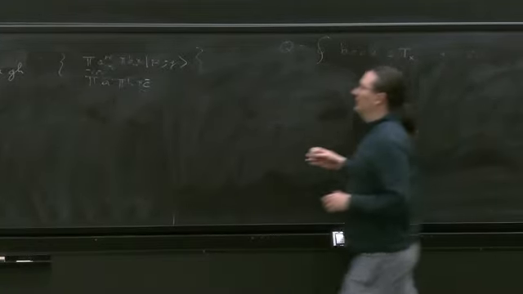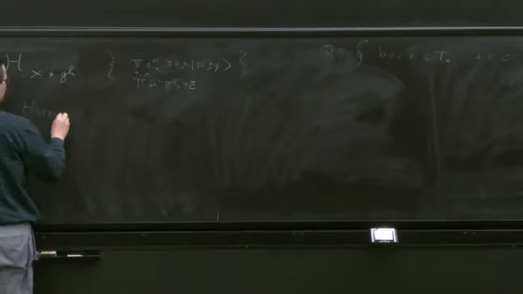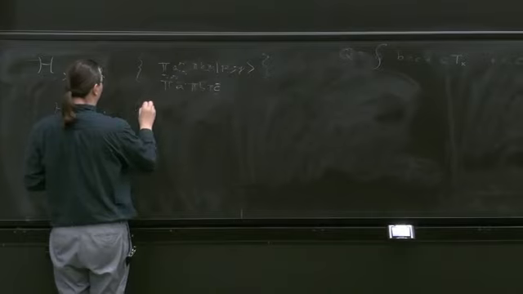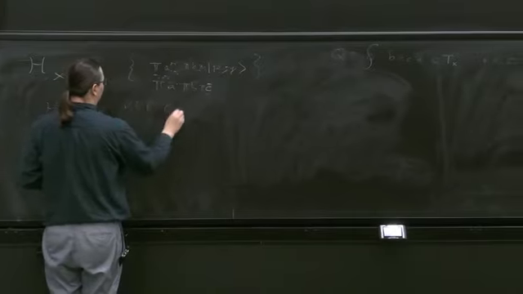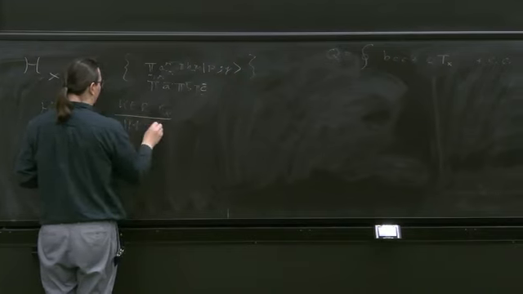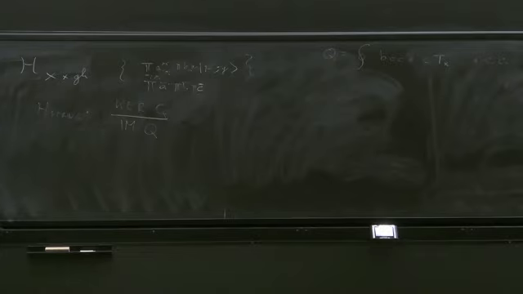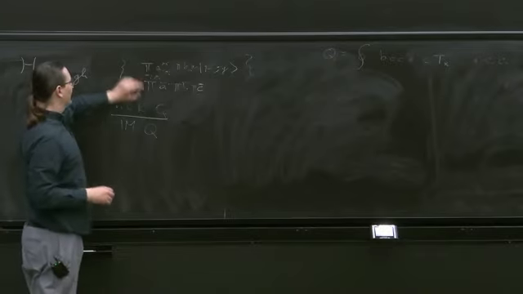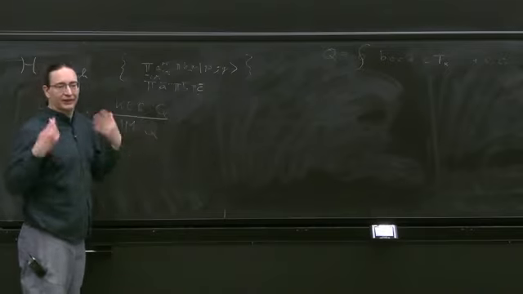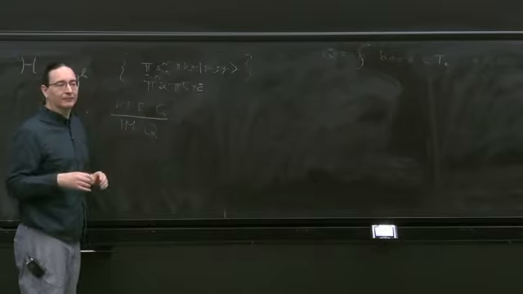And the Hilbert space of string perturbation theory is going to be the kernel of Q acting on this space divided by the image of Q. So we take states which are in here that are annihilated by Q, and then the ones that are in the image of Q we treat as a sort of gauge redundancies.